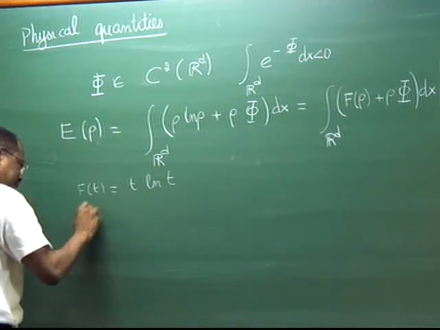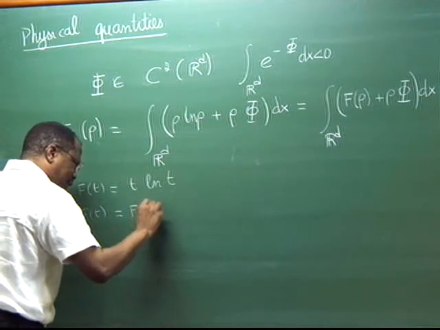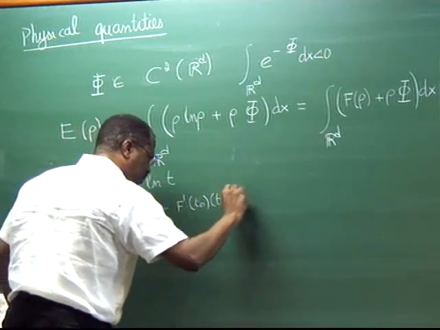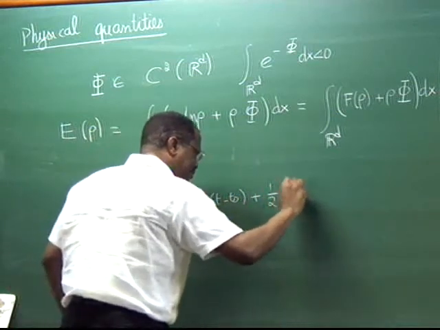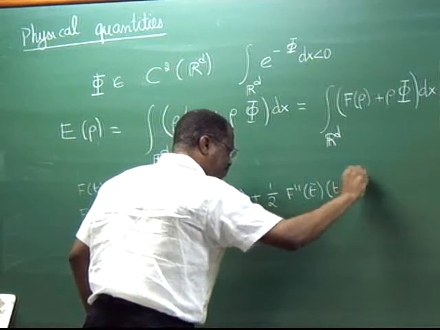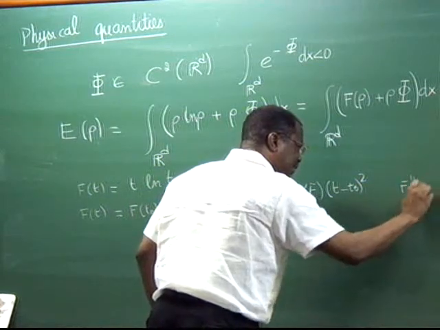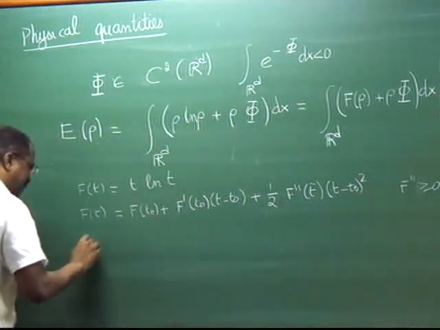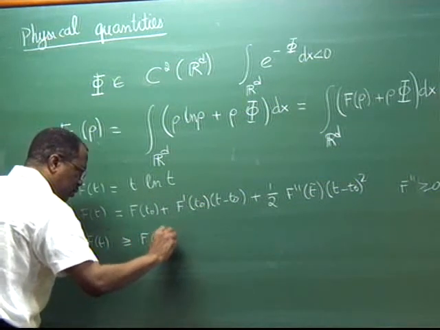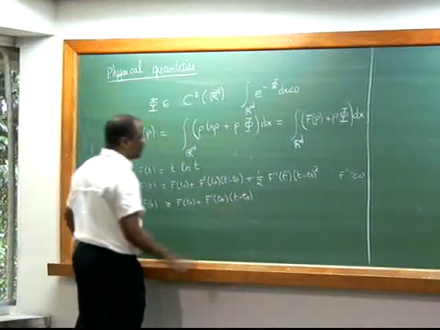So if you write f of t equal to f of t naught plus f prime of t naught, t minus t naught, plus 1/2 f second of t tilde, t minus t naught squared, and you use that f second is greater than 0, then you get that f of t is greater than f of t naught plus f prime of t naught, t minus t naught.